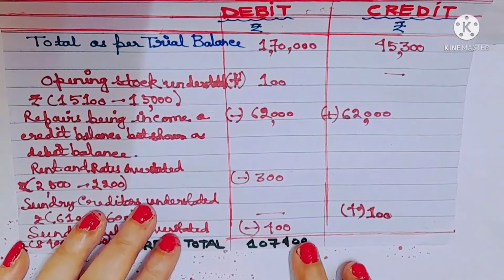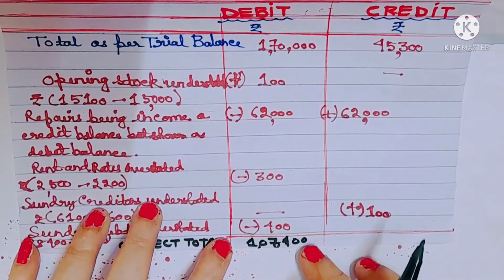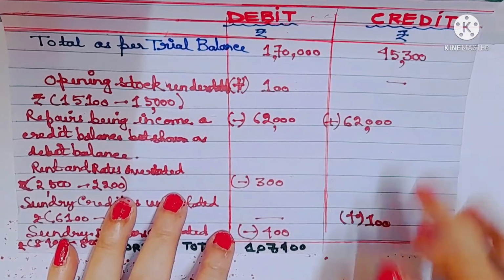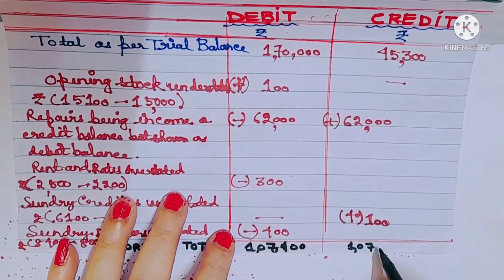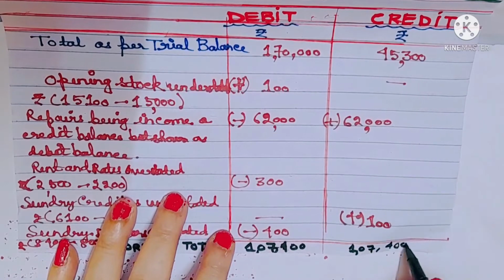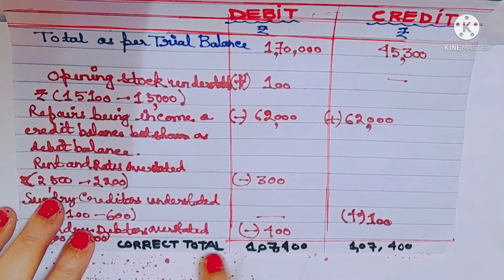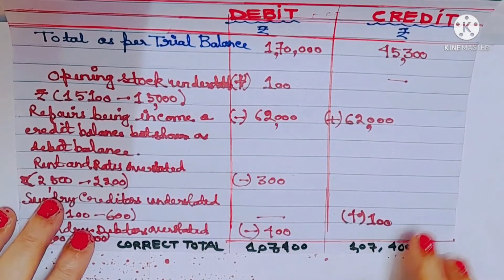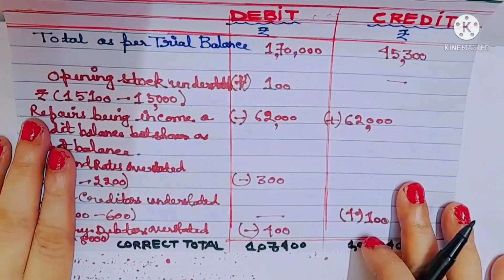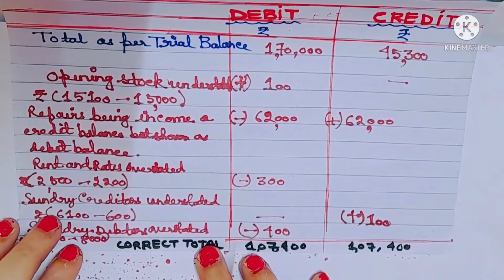The total of the debit column is 1,07,400 and the total of the credit column is also 1,07,400. So the correct total is 1,07,400. Now the trial balance did tally. This is the correct total of the trial balance.